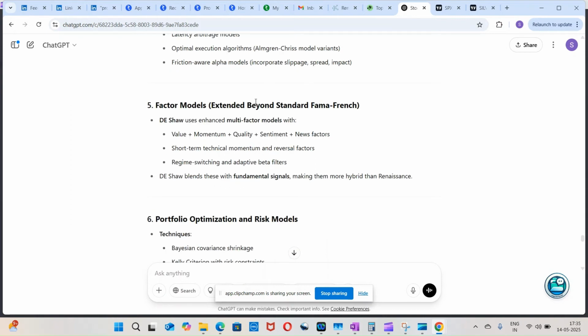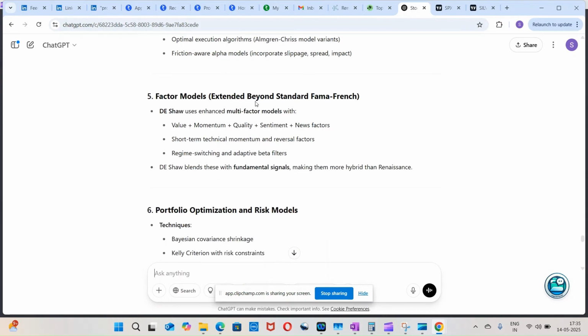Then yeah, DE Shaw does something different. DE Shaw uses macro modeling also. It's not purely mathematics. DE Shaw uses a combination. It uses multi-factor models, so it uses things like value, which is basically price, and momentum, quality, sentiment, and news factors.